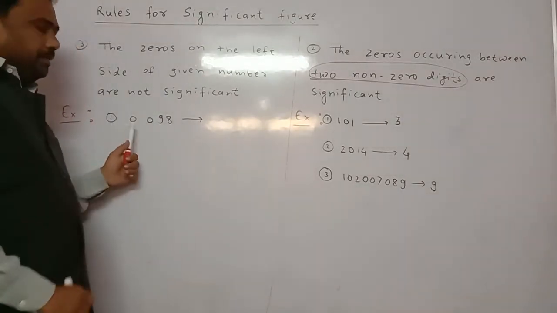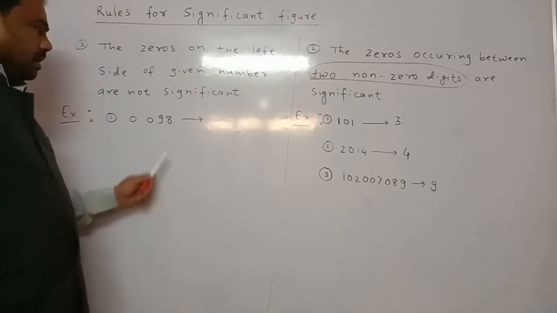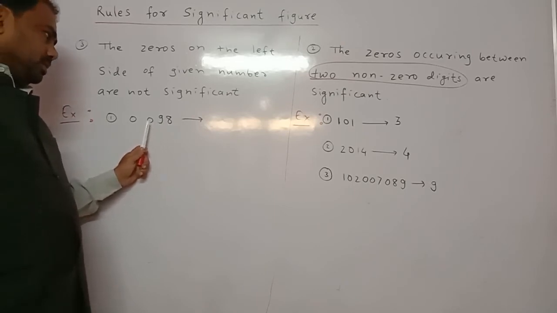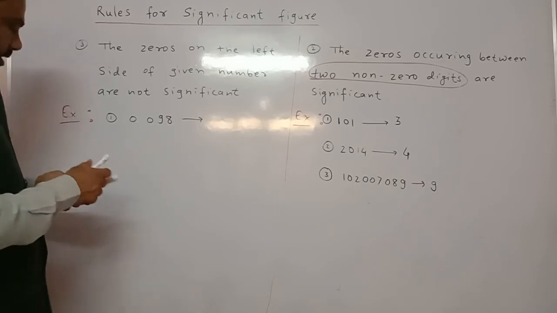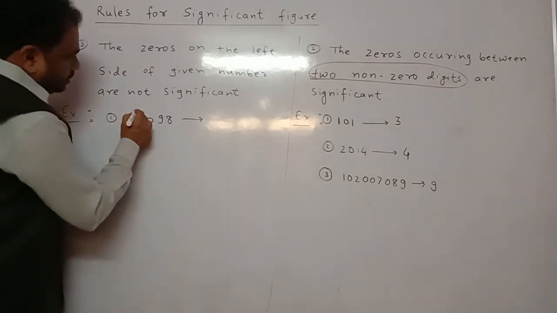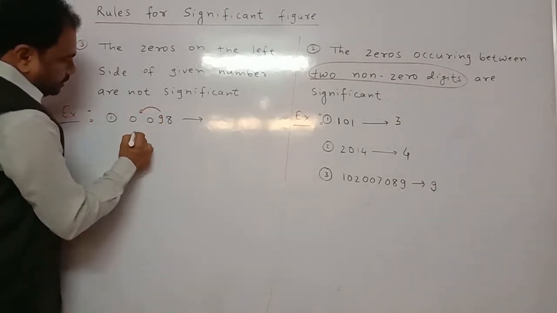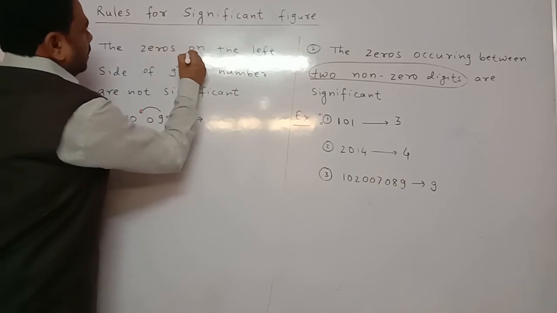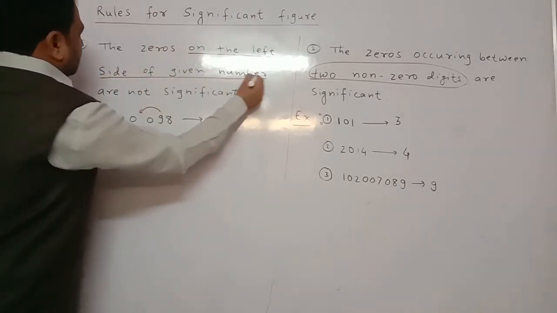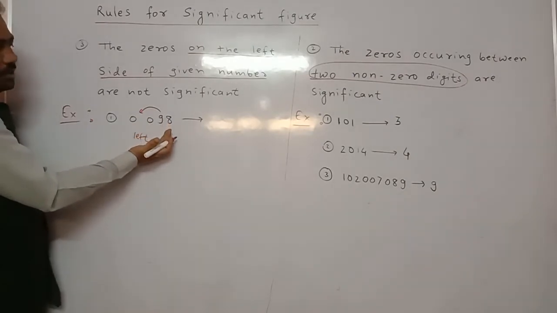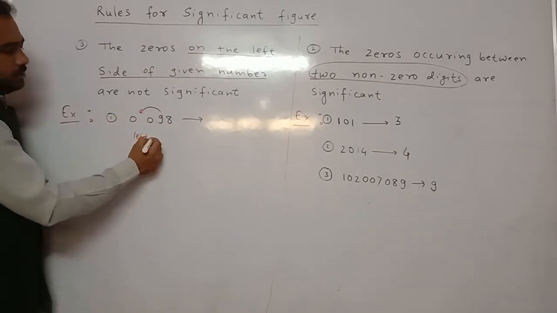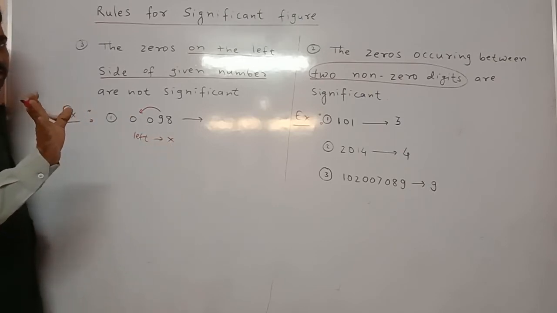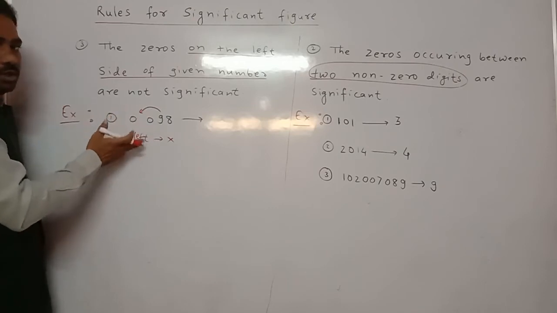So how many significant figures are there? You just have to count the non-zero digits, 9 and 8, because these zeros are present on the left side of the given number. If there are zeros on the left side of the given number, do not count those zeros as significant figures, however many zeros there are, 1, 2, 3, 4, 5.